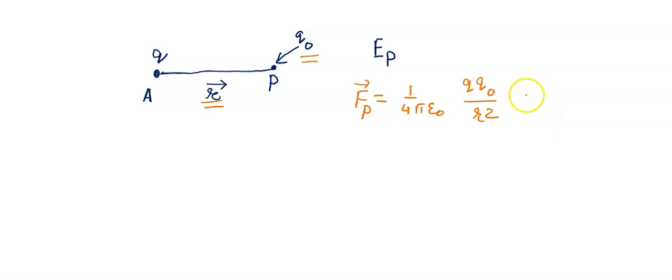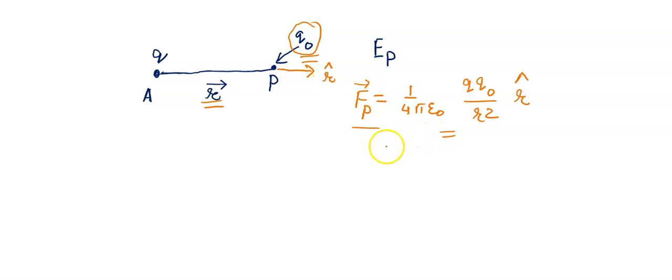Then we can also write r cap. What is this r cap? It is called the unit vector, which is acting in this direction. This is r cap. Agreed? So this is the force acting on a test charge q naught kept at this point.